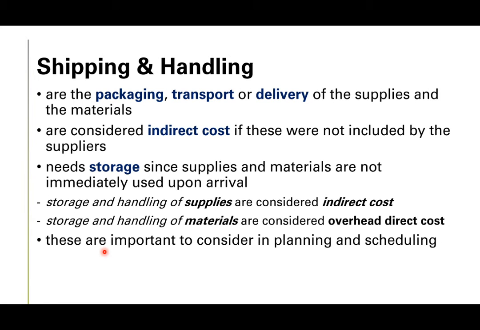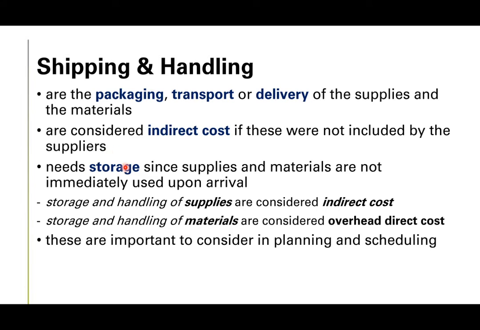Now, shipping and handling of materials and supplies. These are packaging, transport, or delivery of the supplies and the materials. These are considered indirect cost if these were not included by the suppliers.